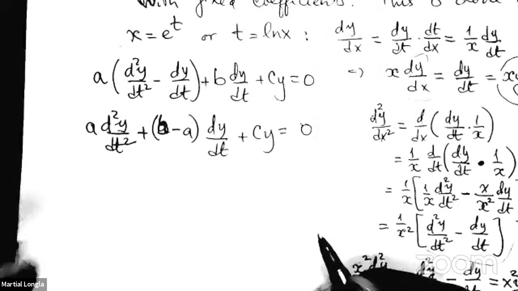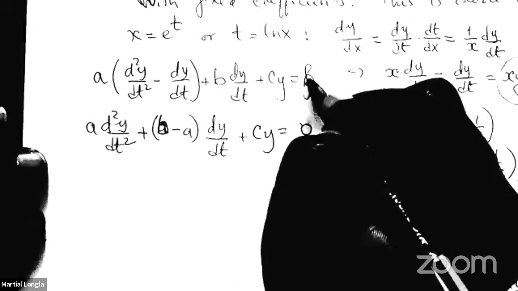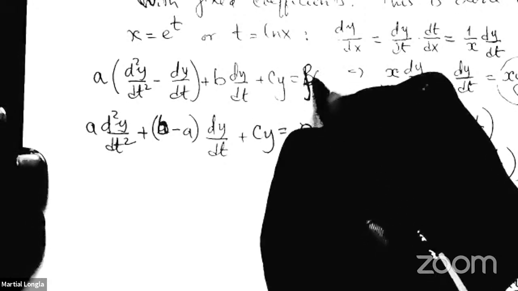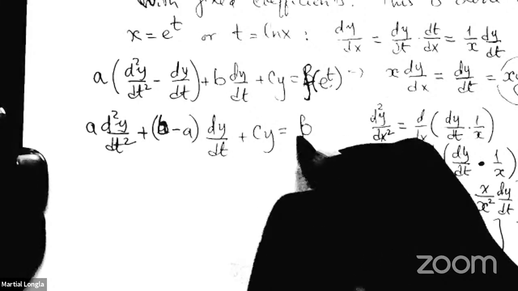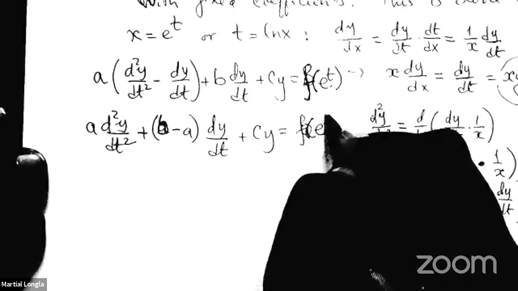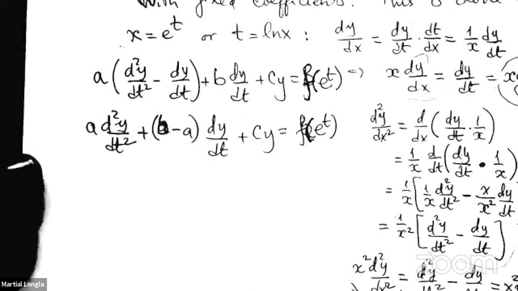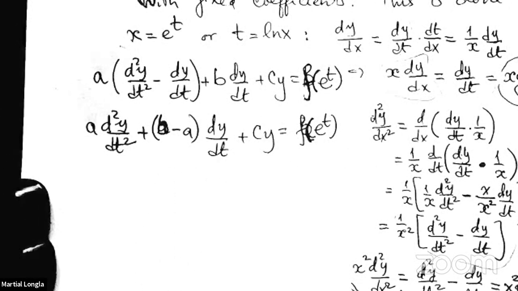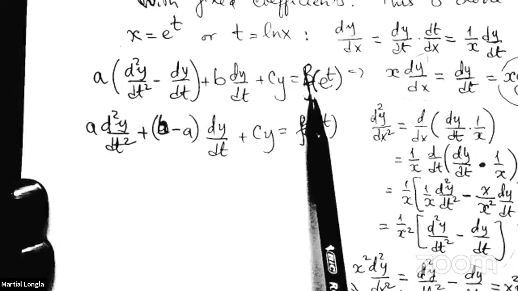No, sorry, I was writing the right hand side as 0, but it's not 0. It's f of x, and x is e to the t. Okay. The right hand side of our equation is f of x, and x is, as said here, e to the t. So that's f of e to the t.